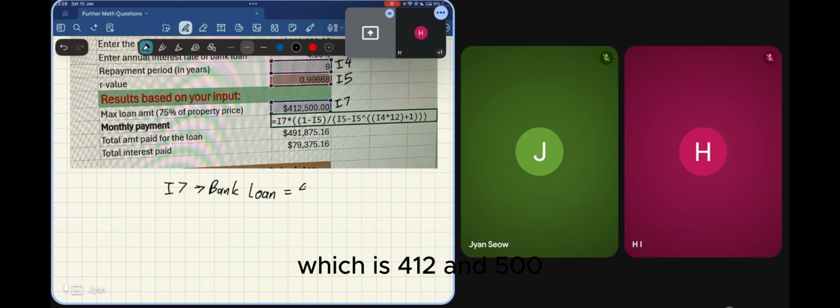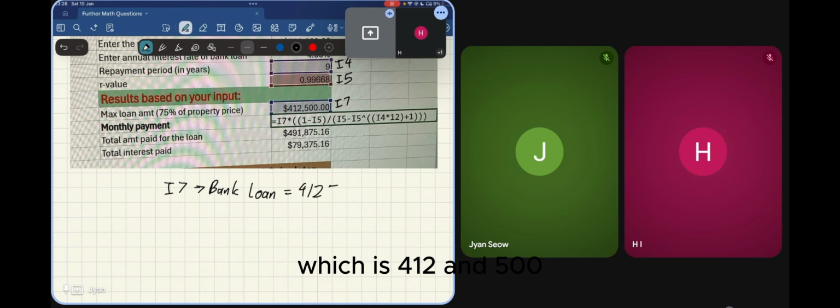So I7 is the bank loan, which is 412,500, while n equals I5 times 12. So n is the number of months it takes to pay for the loan.